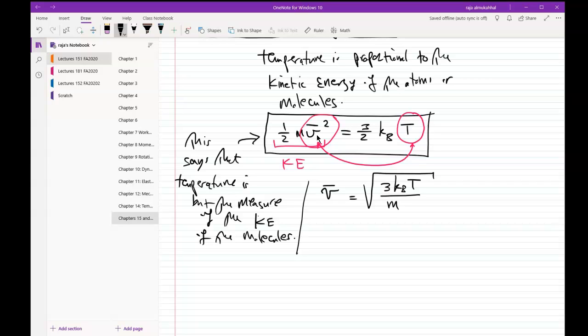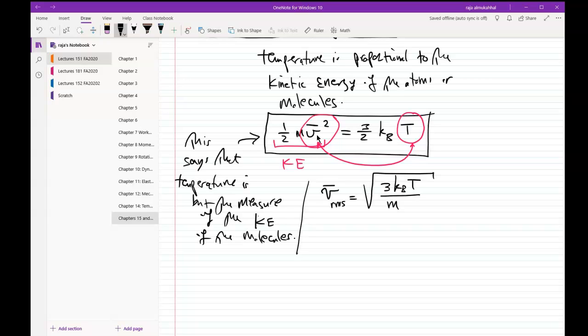We refer to this as the root mean square speed, RMS. So the RMS speed, or the square root of V bar squared, is equal to this value. The RMS is basically analogous to the average value, except it's slightly larger in value.